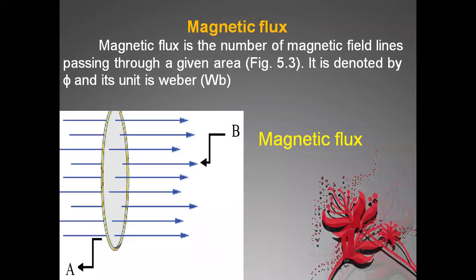The next topic is magnetic flux. Magnetic flux means the number of magnetic field lines passing through a given area.